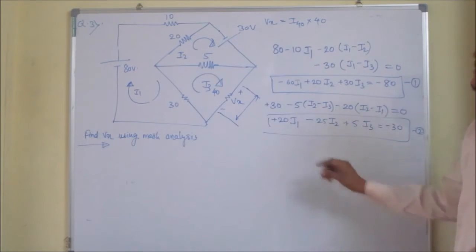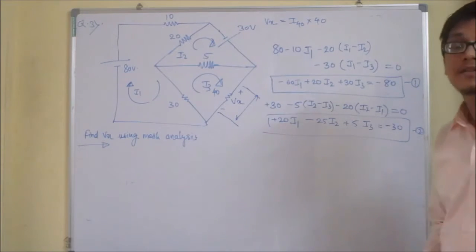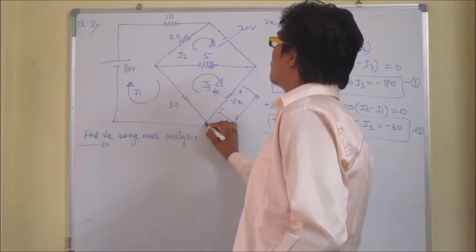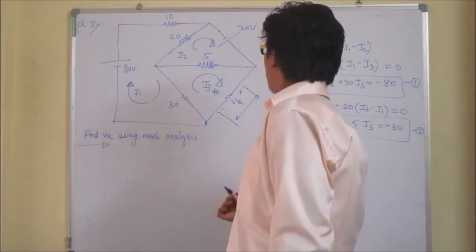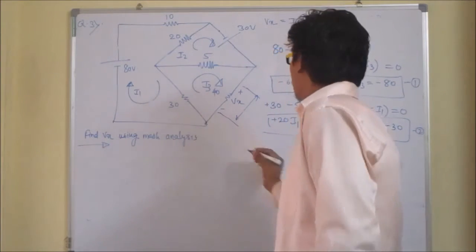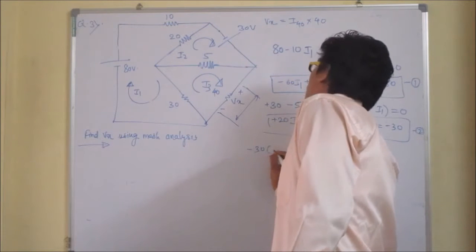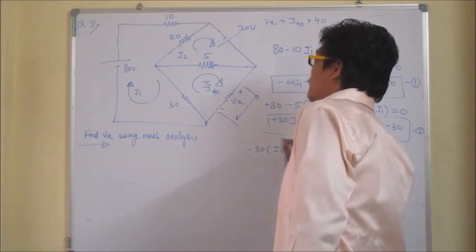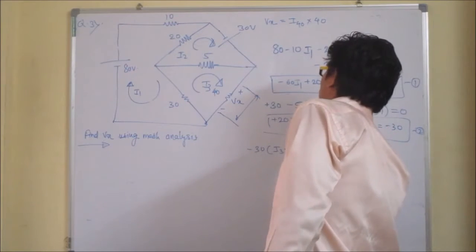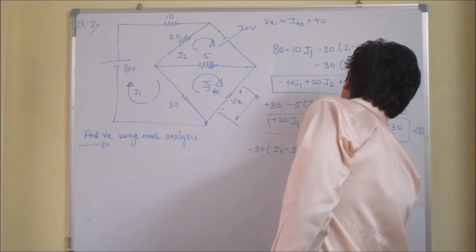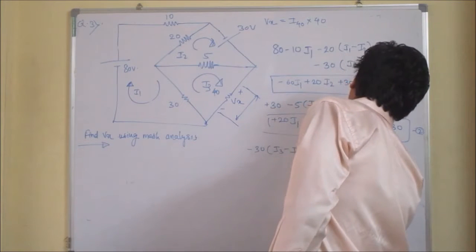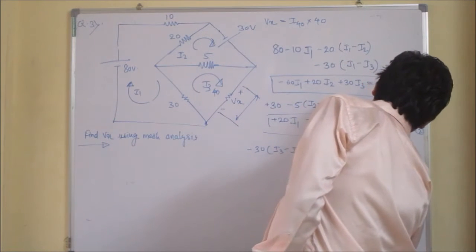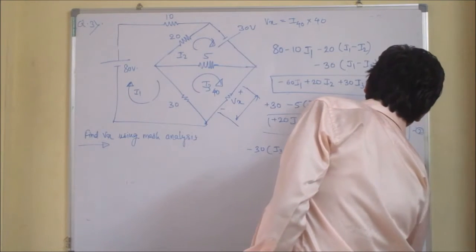Again writing KVL in the third loop. I will consider this point, rotate, and come back over here. It is minus 30 into (I3 minus I1), as I3 is greatest, minus 5 into (I3 minus I2), minus I3 into 40, is equal to 0.